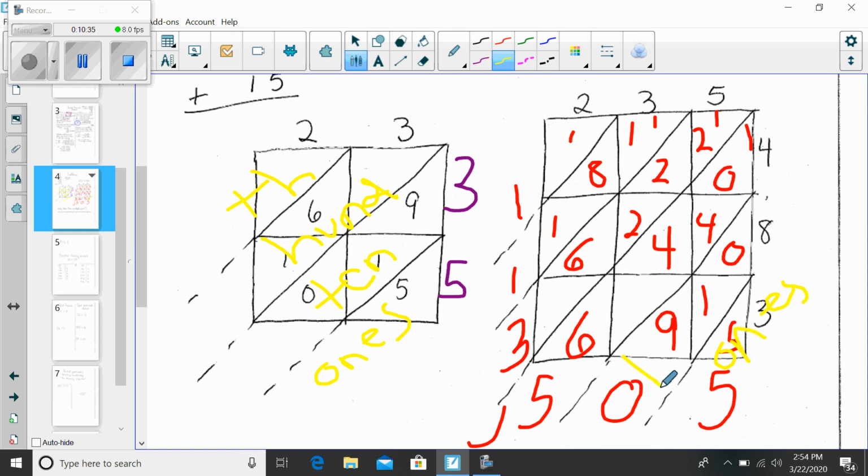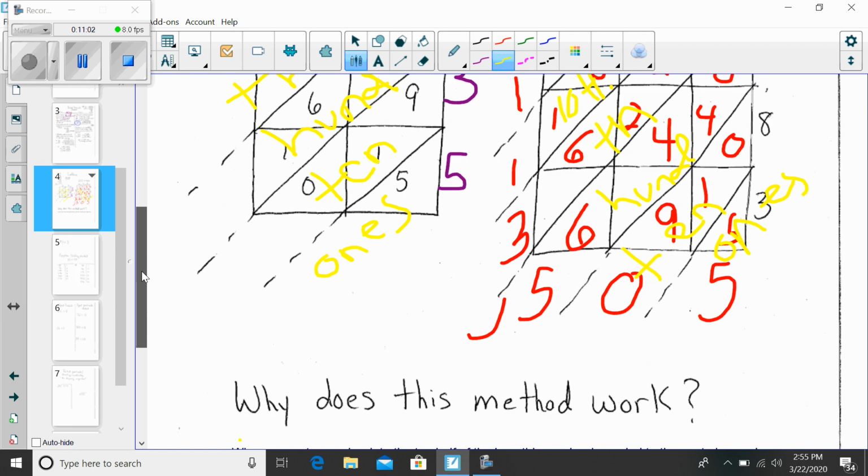These are my 10s, 100s, thousands, 10,000s, and then finally 100,000s, right? So my final answer here is 113,505.